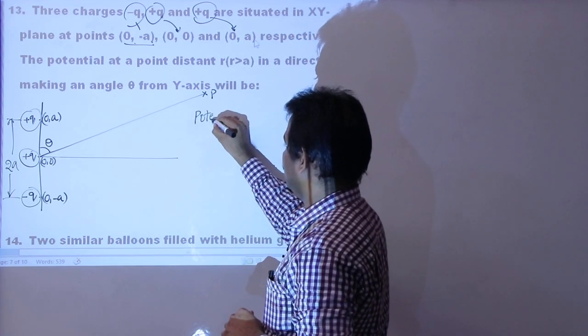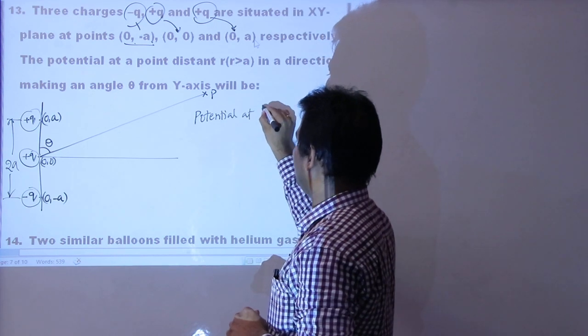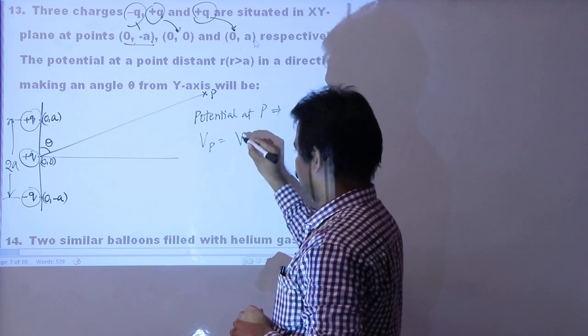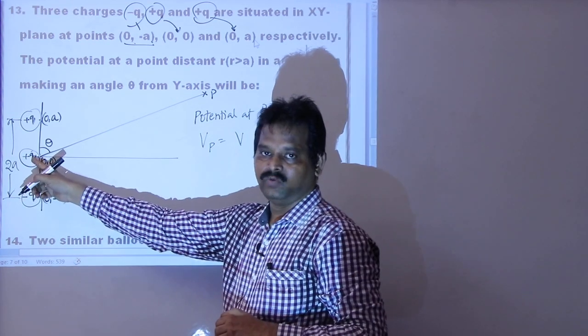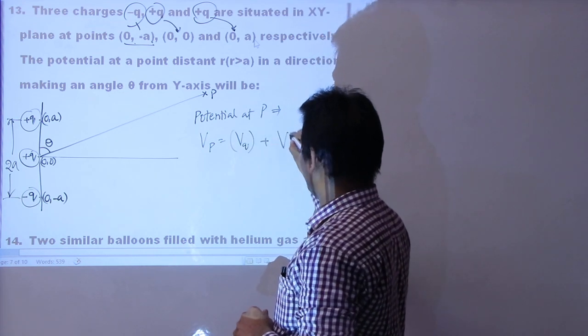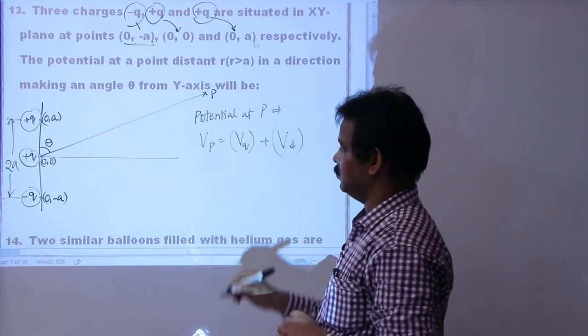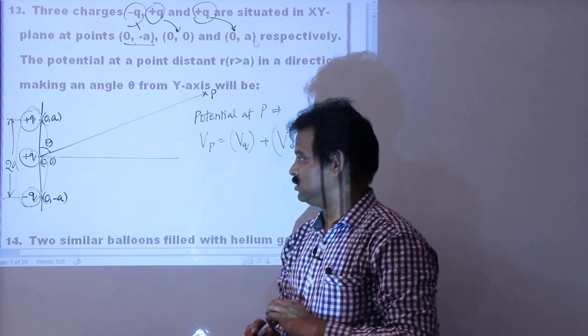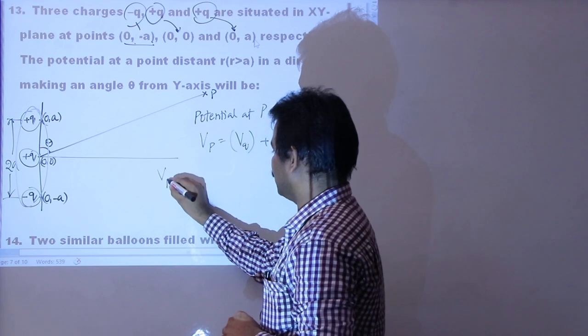So now I want to write the potential at P. Vp is equal to potential due to the point charge which is placed at origin, this is Vq, plus potential due to the dipole, because it is a system of two equal and opposite charges separated by some distance.